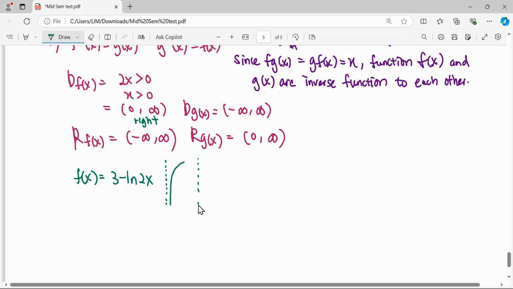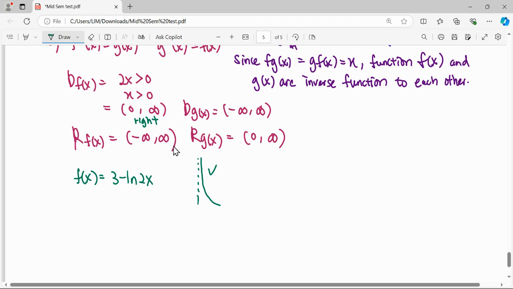The lamppost position, tiang lampu, is for the log graph. Then when we see our log here, we have a negative coefficient, which means this graph will be inverted. So here we have our graph like this.